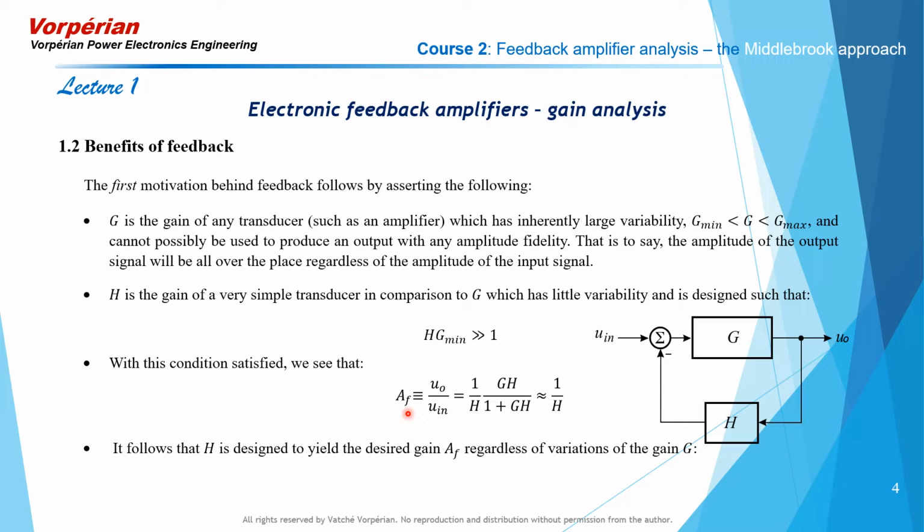That tells us that the way we would choose the attenuation H is to make it equal to the reciprocal of the desired gain AF. And that's it. We apply feedback H in order to make the closed loop gain independent of the variability in G.